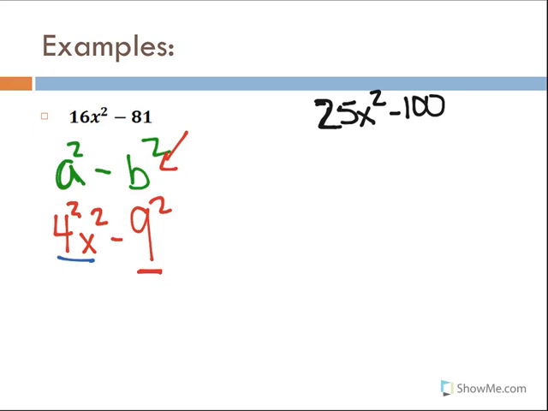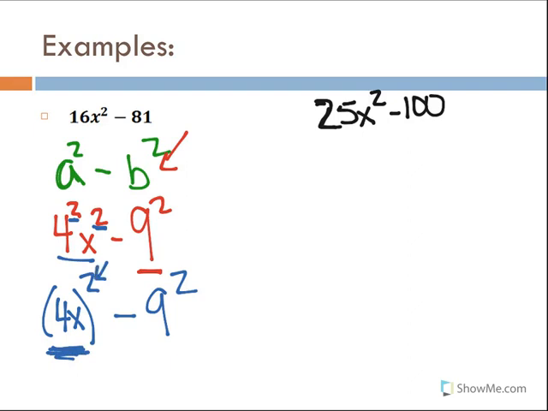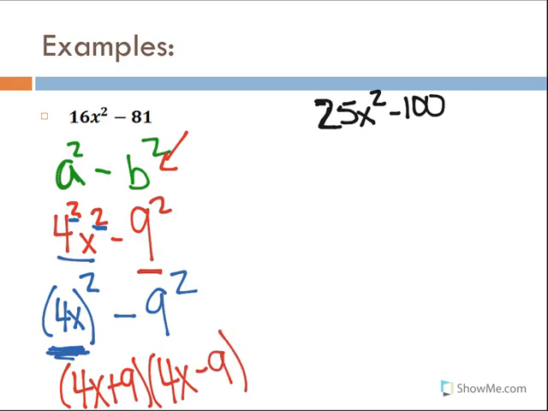Since each of these pieces is squared, I can write this as 4x squared minus 9 squared. Now I have everything in my front term squared minus my second term squared. So this fits into my format: 4x plus 9, and then 4x minus 9.